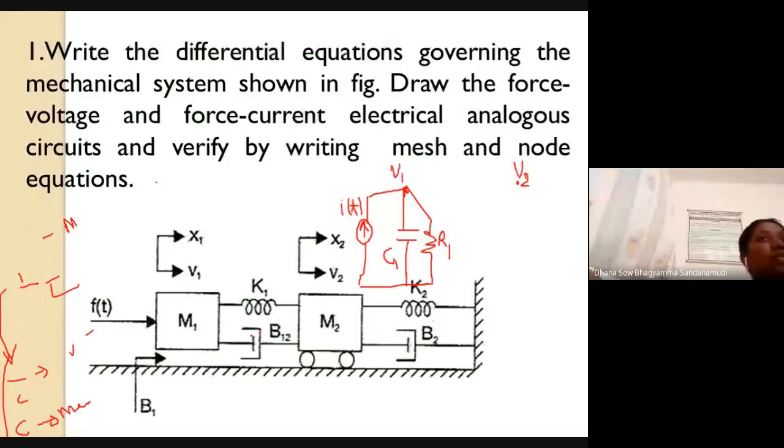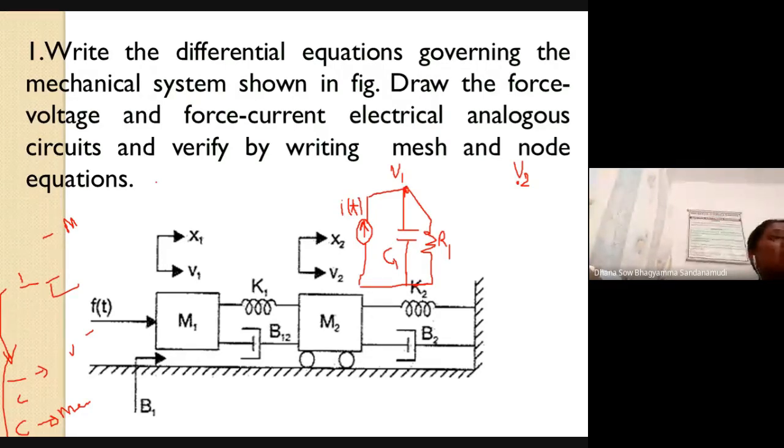Now K1 and B1 are connected between these two nodes. K1 is proportional to 1 by L1 and B1 is proportional to 1 by R1.